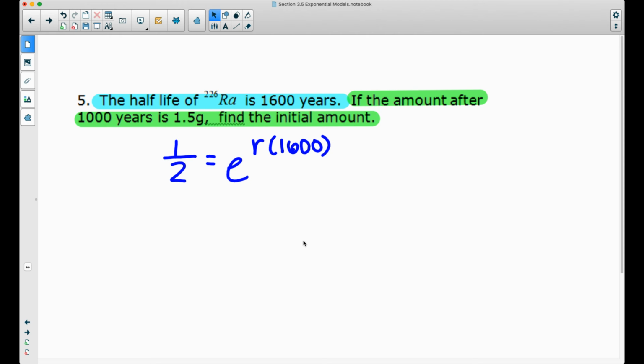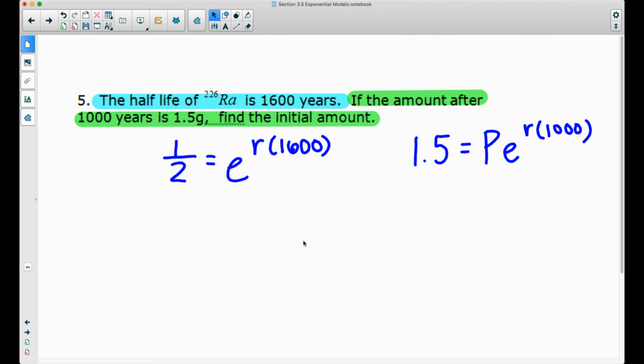Okay, so that's why we're going to have two different equations here. So in the end, we end up with 1.5. We don't know our initial. We know our time. We still don't know our rate. So notice how the first equation has one unknown and the second equation has two unknowns.